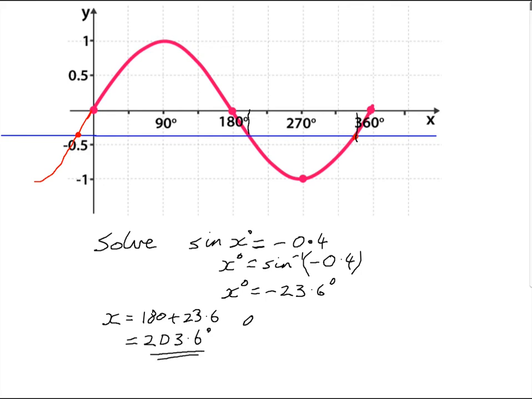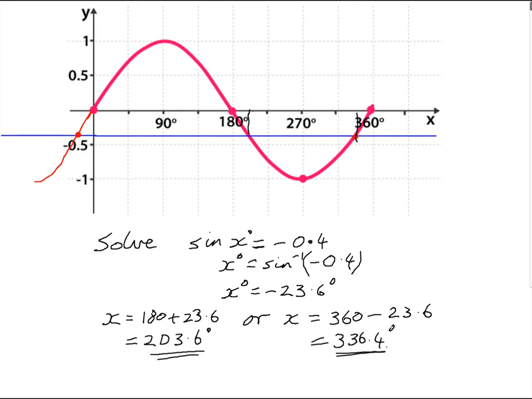Or it's going to have to be 360 minus the 23.6, because we're going to have to go back from 360 to get to this point. And that is going to be 336.4 degrees. And that makes sense on our graph. The two solutions match where we would expect them to be.